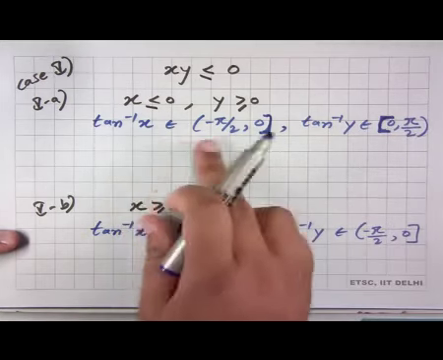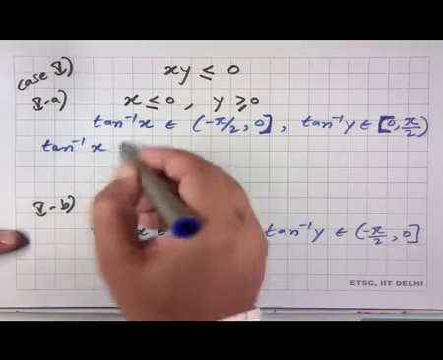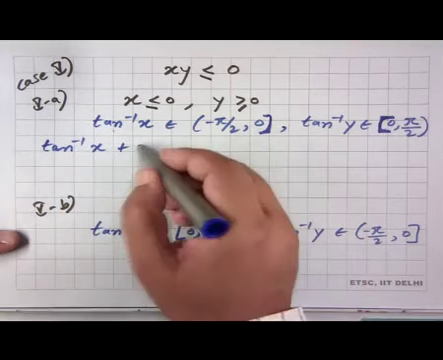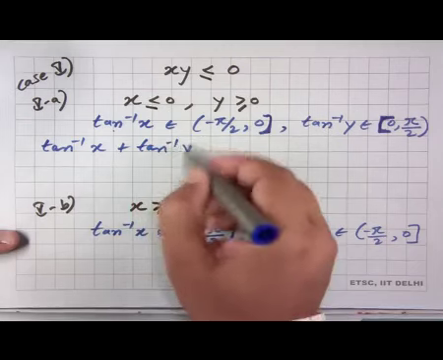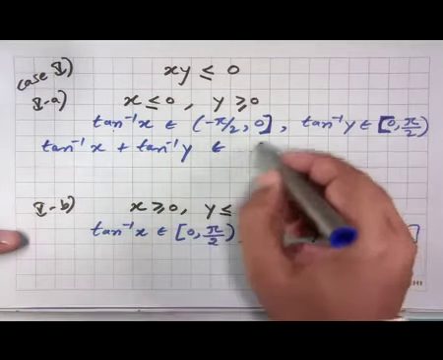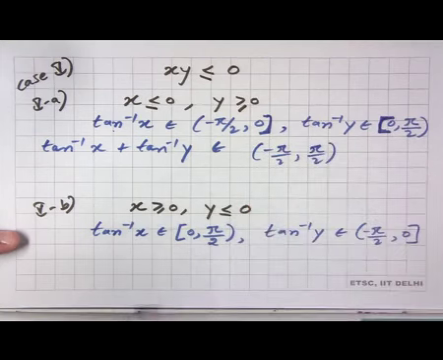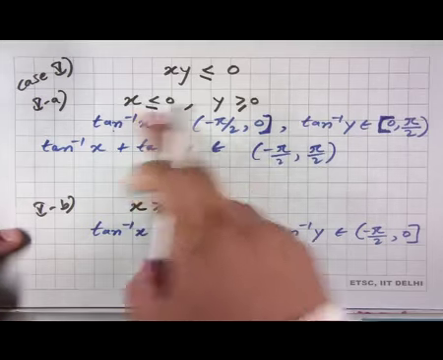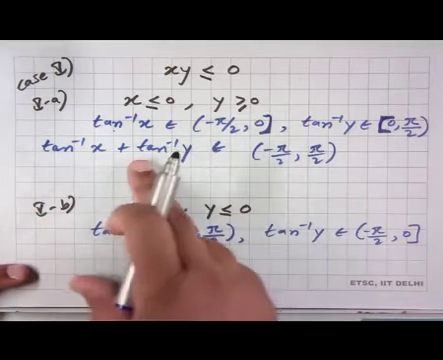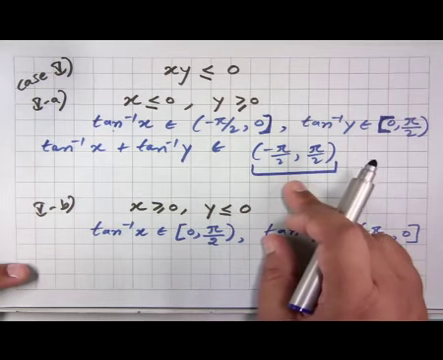Since we add tan inverse x with tan inverse y, it follows that tan inverse x plus tan inverse y will belong to the interval minus pi by 2 to plus pi by 2. So it is very easy to see that for this case, tan inverse x plus tan inverse y will belong to the range set of tan inverse.